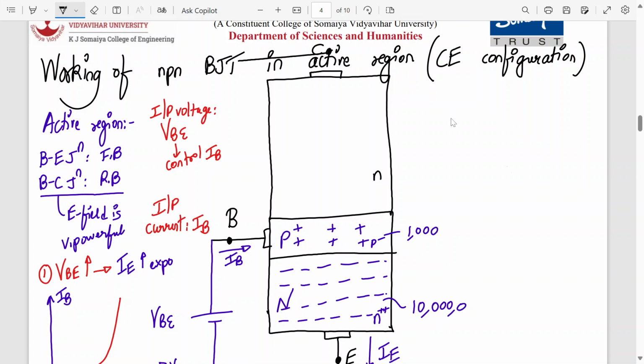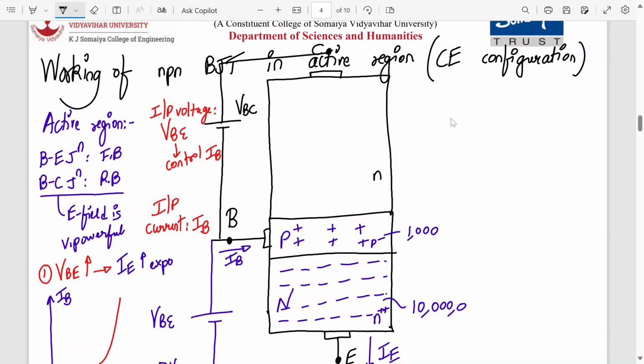Here is the supply voltage coming up, and this will be connected positive here, negative here. Reverse bias it should be, right? This is VBC.